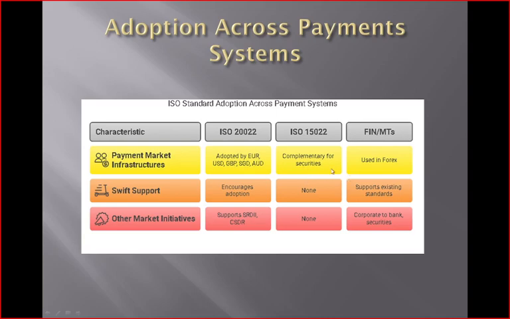But still, if you see in the second column, ISO 15022, the securities messages are still using ISO 15022 only. When I say securities messages, it is your series 5 messages, which are not in our migration scope. So those messages will still be using the ISO 15022 messaging system.